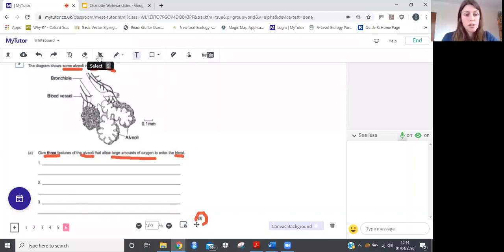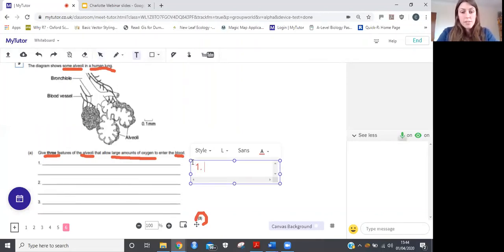So the first thing that we mentioned was that large surface area. And we need to make sure that we relate that to the alveoli themselves. Make the writing on here a little bit smaller. So 3 features of the alveoli that allow large amounts of oxygen to enter the blood. The first feature of alveoli is their large surface area, isn't it?